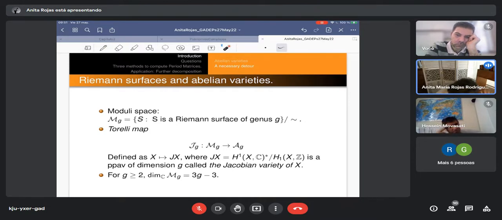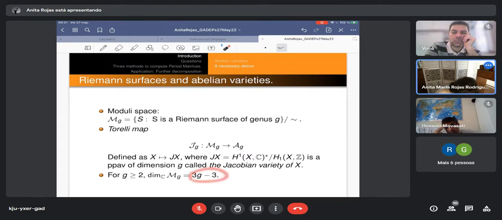So why am I recalling this? Because inside the moduli space of abelian varieties, we have a distinguished locus, which is the locus of Jacobian varieties, or the Torelli locus. And the dimension of M_g is 3g minus 3.